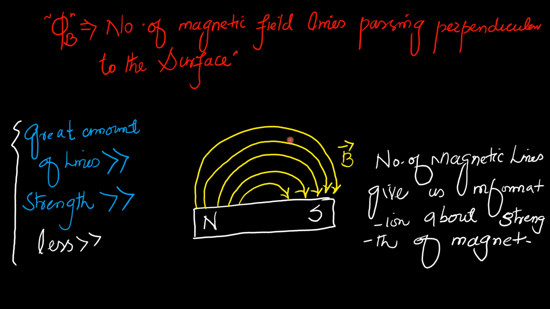In the case of magnetic flux, the magnetic field lines generated by the north pole of the magnet pass through the surface. And if a greater amount of magnetic field lines pass through the surface, then the magnetic flux on that surface will be greater.